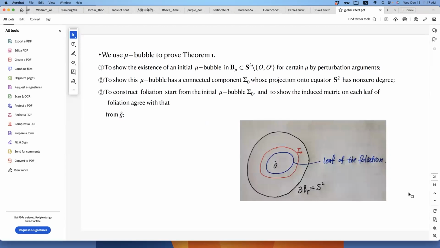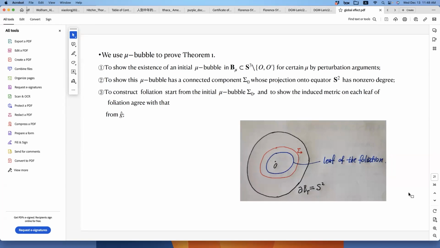To do this, we first need to show the existence of an initial mu bubble for a certain mu by perturbation arguments. Secondly, we have to show this mu bubble has a connected component, which we denote by sigma naught, whose projection onto the equator S2 has non-zero degree. I draw the picture here.